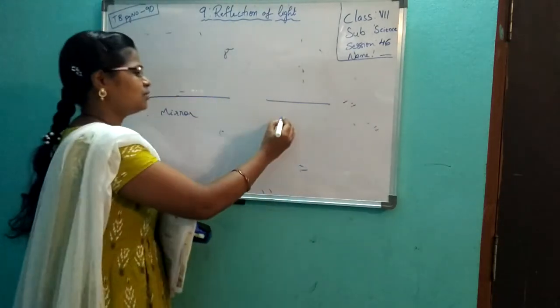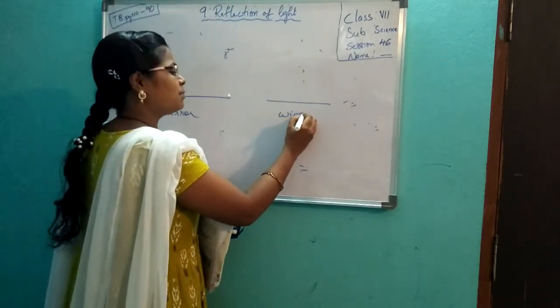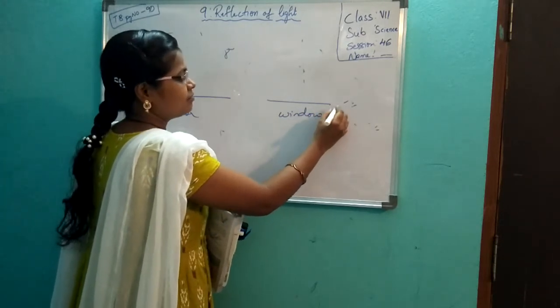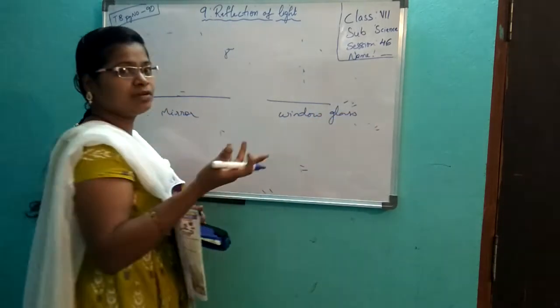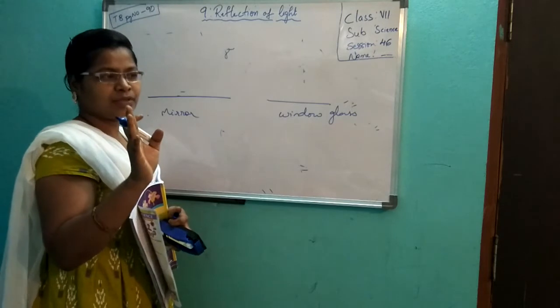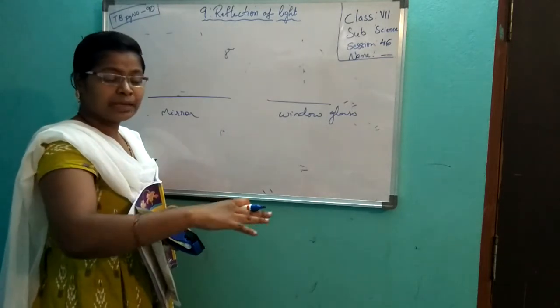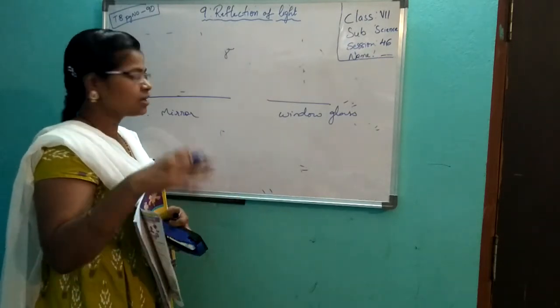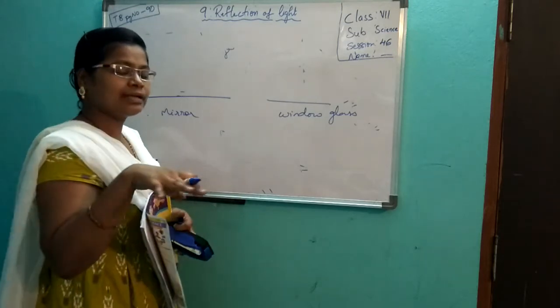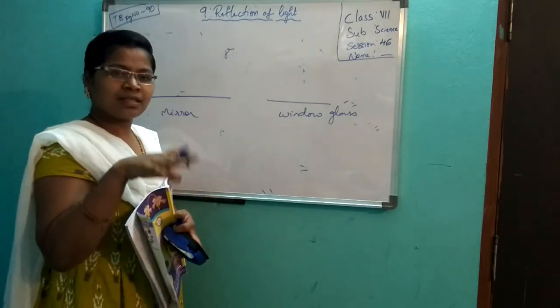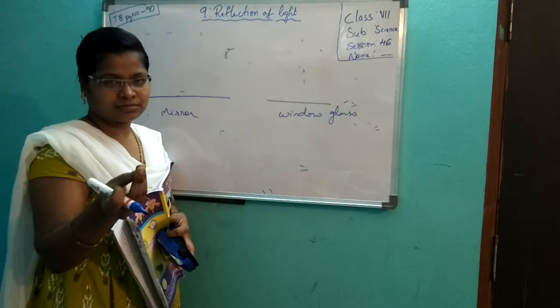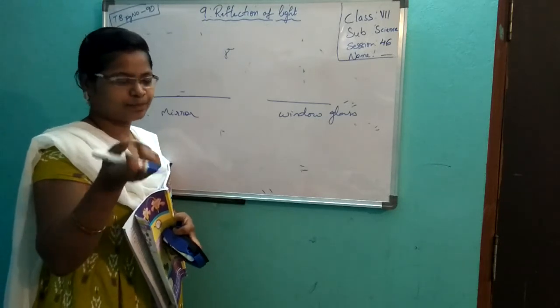Why is that happening? Window glass or any material, which you can see your face in, but not clearly, like window glass, any plain surface. Okay, now when your mother cleans your floor, marbles, at that time you can see a little bit, yes or no, slightly.